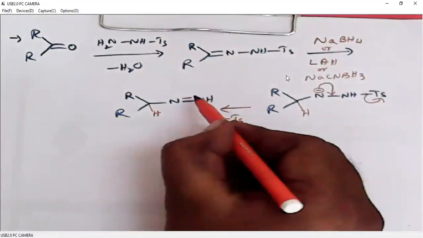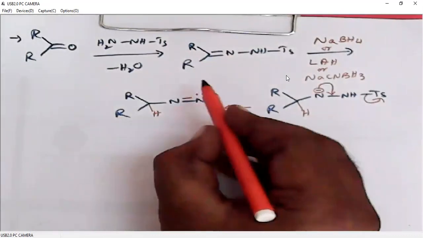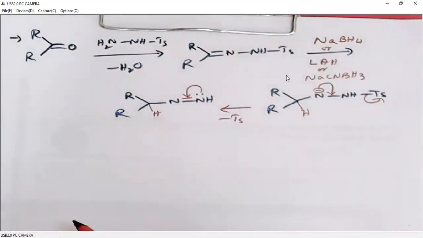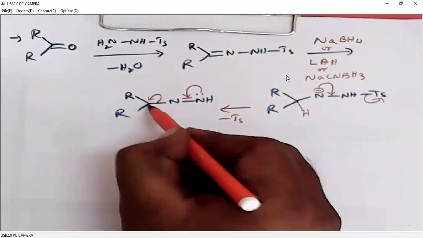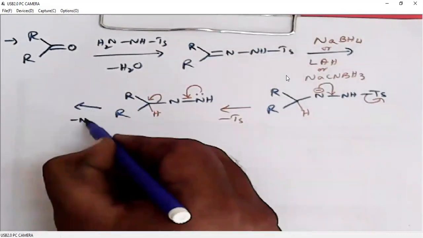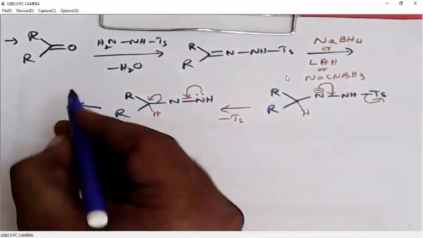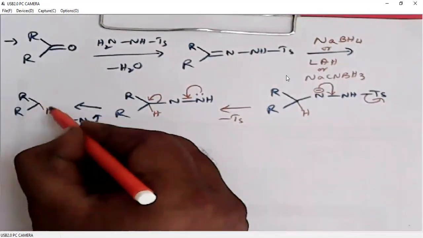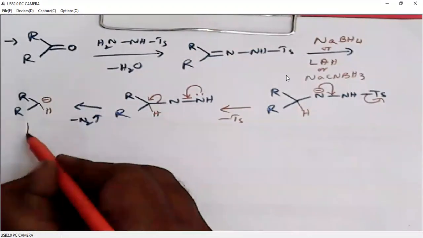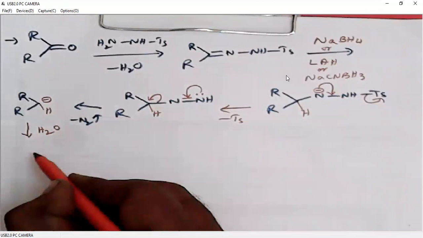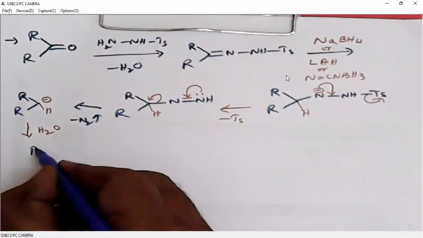Then again, the lone pair on nitrogen can be utilized to generate a nitrogen-nitrogen triple bond. So N2 gas will be leaving, and we are having a carbanion. This negative charge can be protonated either using a solvent or water, so that it will be completely saturated.